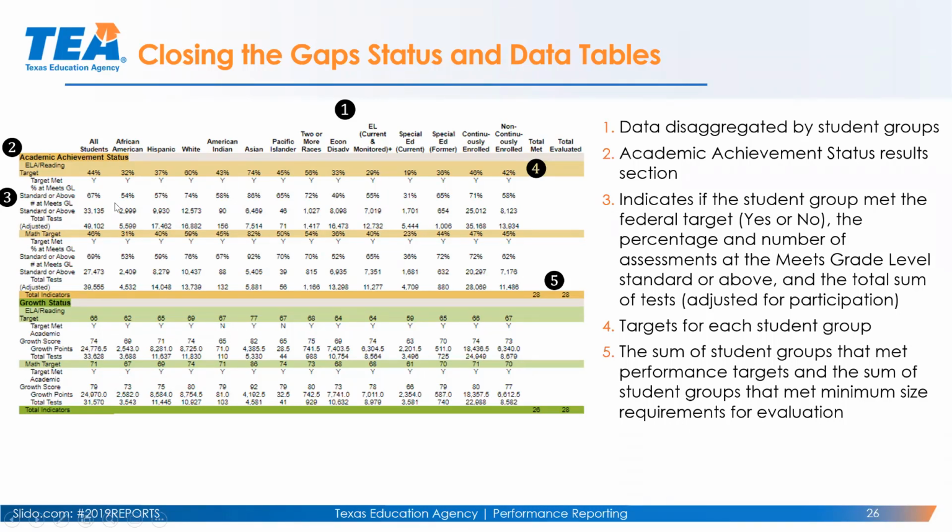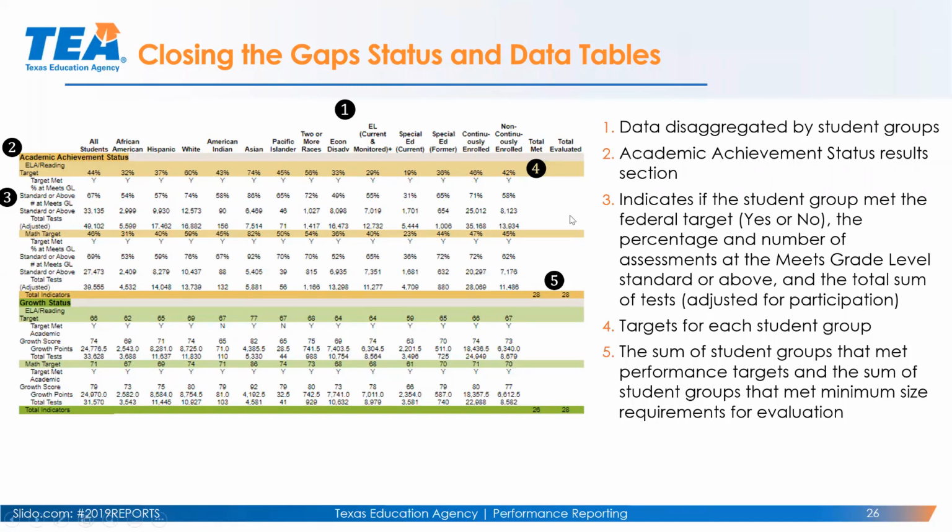That's just for reading. Now then for math, I also see targets, and the targets are different by subject area. Again, all those student groups, numerator, denominator, had a percentage. Did that percent go to the target and above? Yes or no? And that's what the data table highlights.